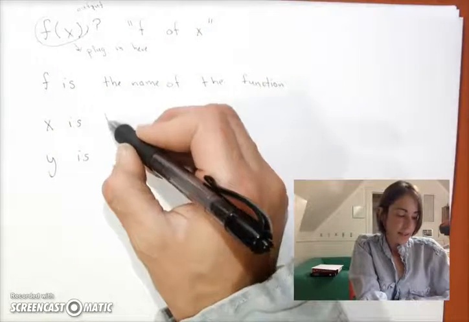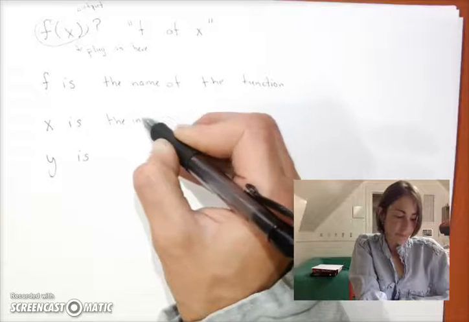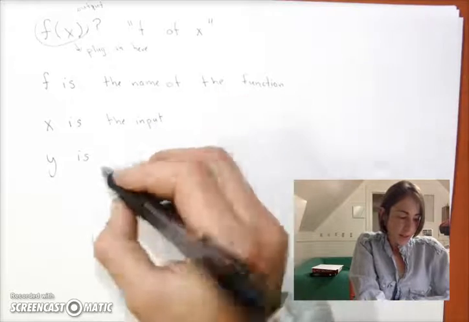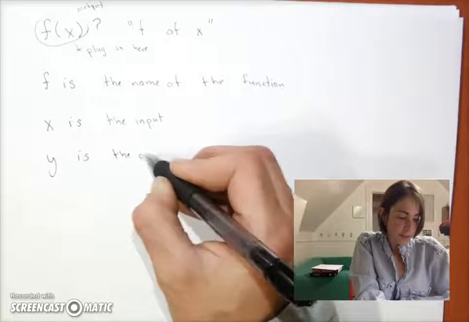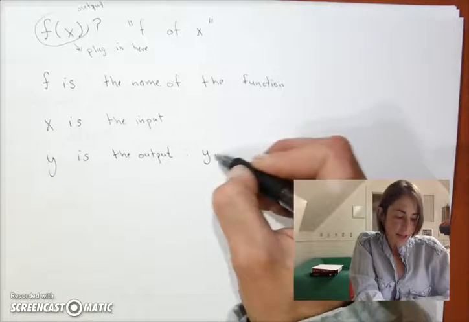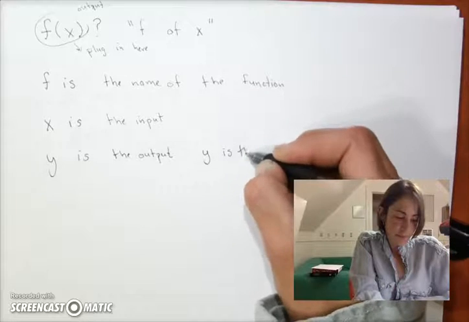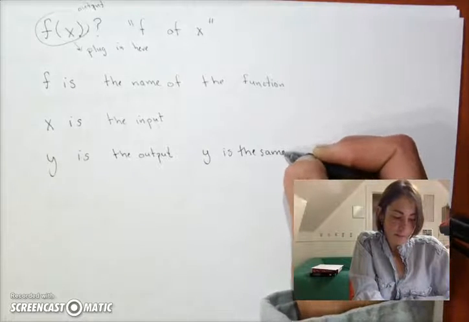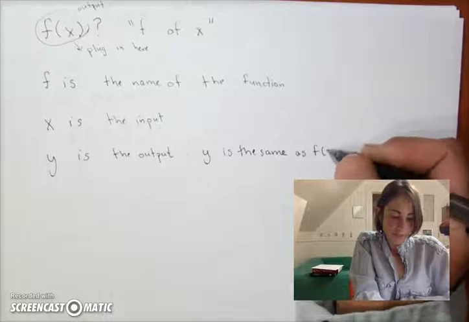X is the input of the function, and y is the output. And so in all cases, y is the same as f of x.